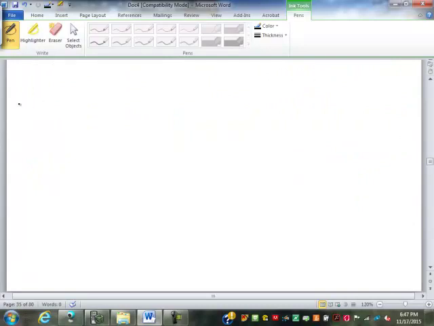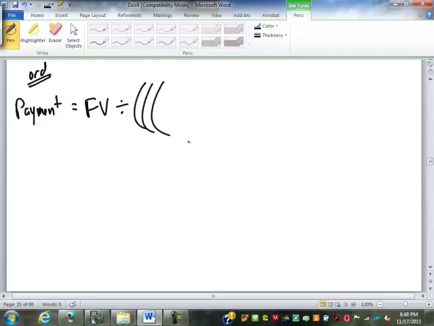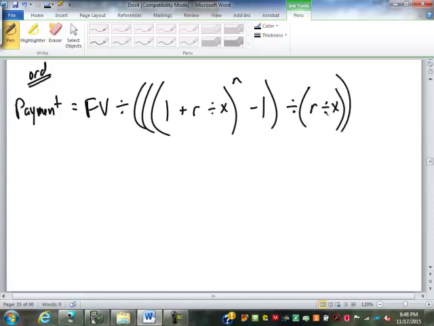So the required payment is equal to that desired future value divided by, and of course this is still ordinary again, the rest of this formula is going to be exactly the same. 1 plus r divided by x to the power of n minus 1 close divided by r divided by x close and close. So the only difference is instead of putting in the payment here, we put in the future value, and instead of multiplying, we divide. Only difference.